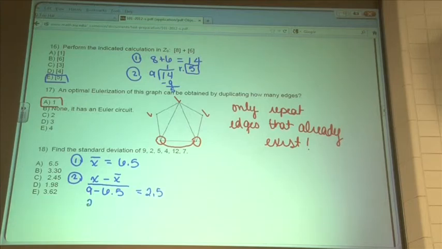And then we do 2 minus 6.5, and you get a negative 4.5. 5 minus 6.5 gives us a negative 1.5.